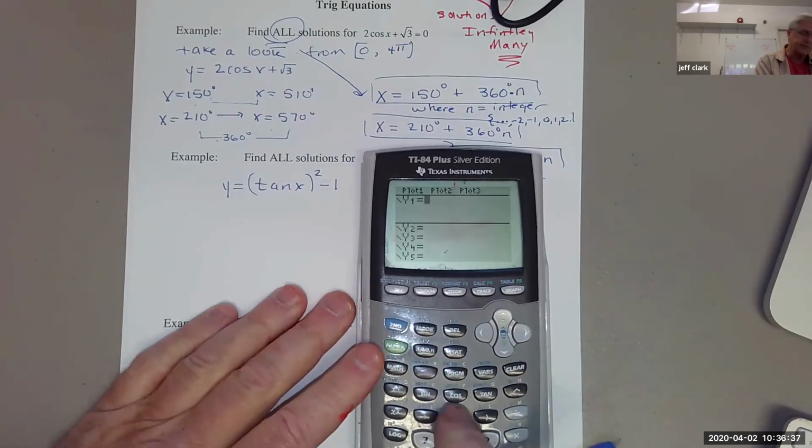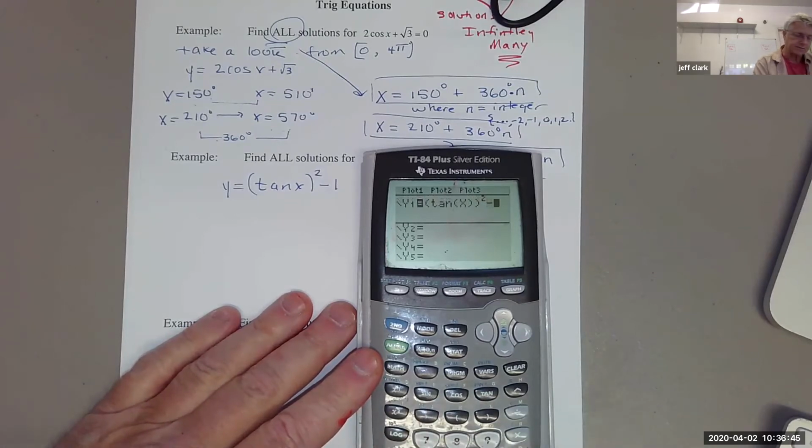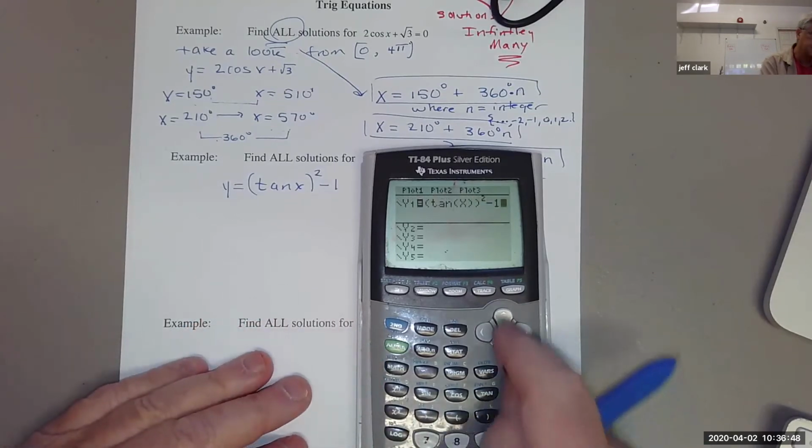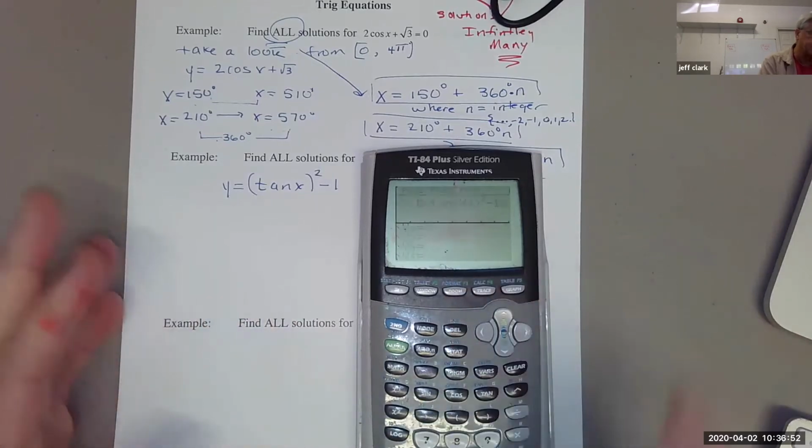Okay, got to do parentheses. Tan x squared, and then subtract 1.